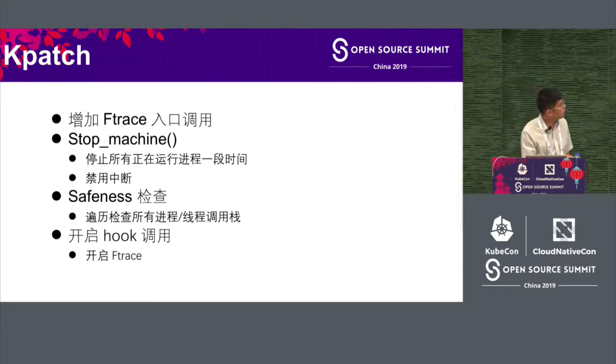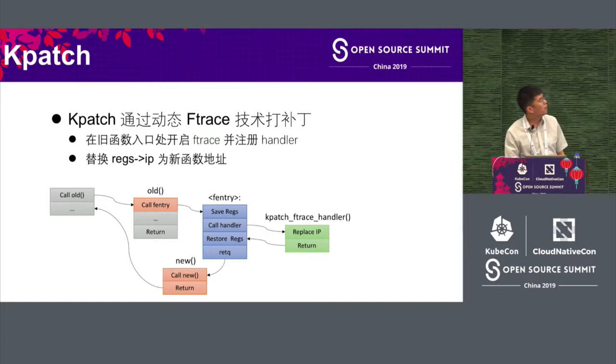And if we are using the dynamic FTrace mechanism, we need to see how it functions. At the entry of each function, we add a flag called fentry.